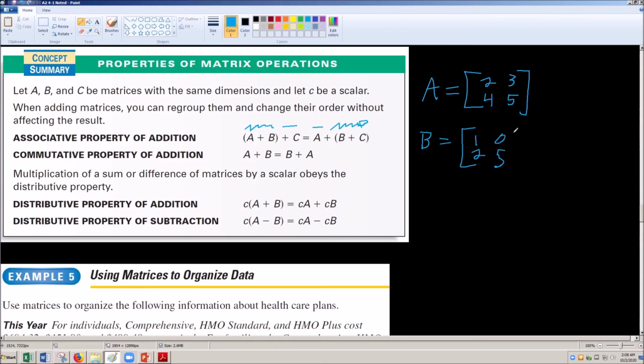Oops, not the best 5. And then if we're adding these things, basically I'd be doing 2, 3, 4, 5 plus 1, 0, 2, 5. And I would say, okay, it's the same thing as saying 1, 0, 2, 5 plus 2, 3, 4, 5. So again, just swapping these two things, just trying to tie it to a concrete example here, because sometimes the letters can throw people off.